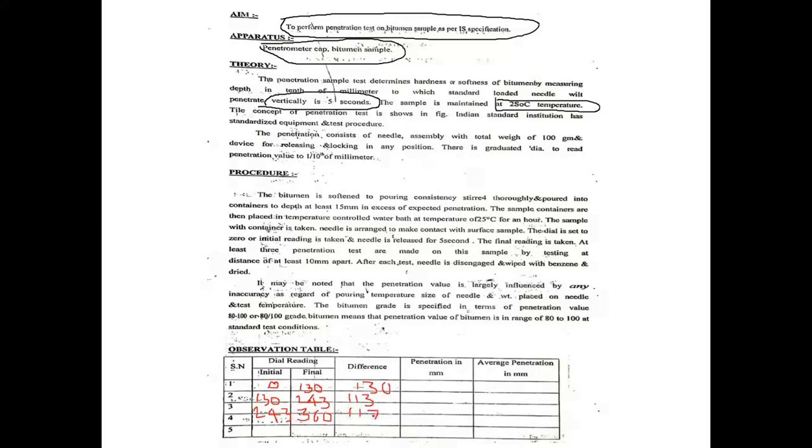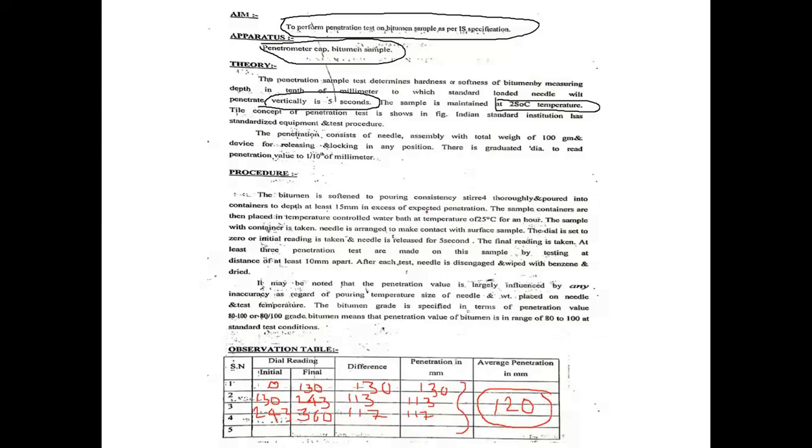Let me write one more time: 130, 113 and 117. And the penetration value will be the mean of these. If you take the mean of these three, I guess the mean will be 120 millimeter.